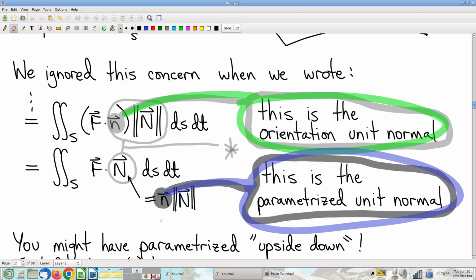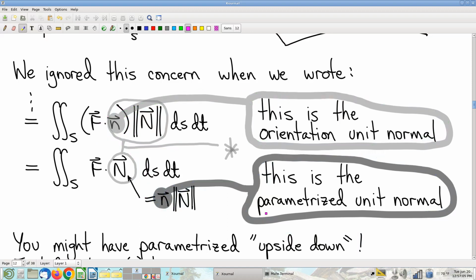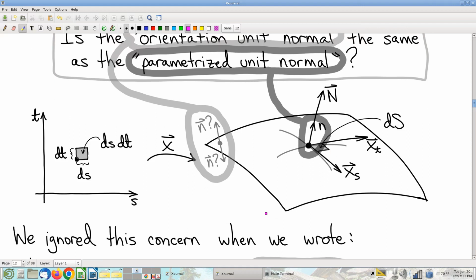Okay. All right. So there are two different ways you could approach how to handle this problem. One is you could say, hey, when I parameterize, make sure to parameterize in such a way that your parameterized orientation is consistent with your given orientation. And if you can do that, cool.